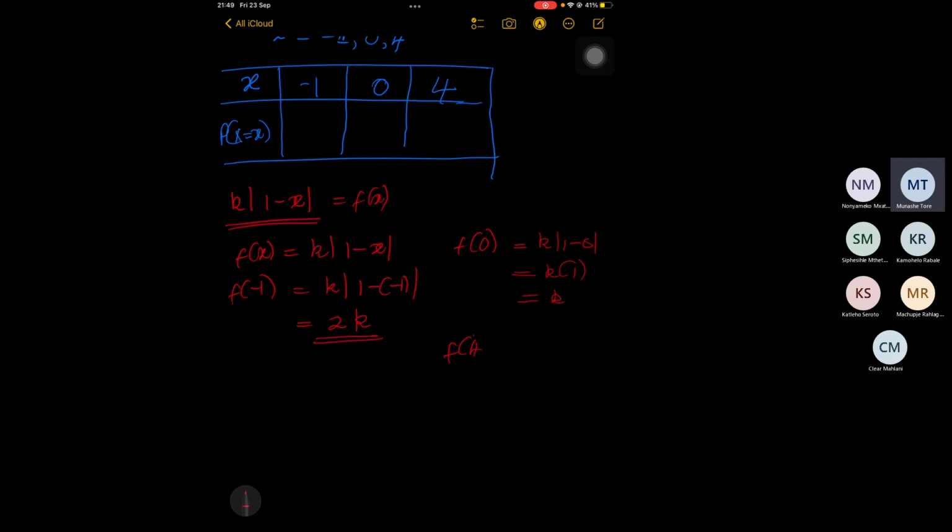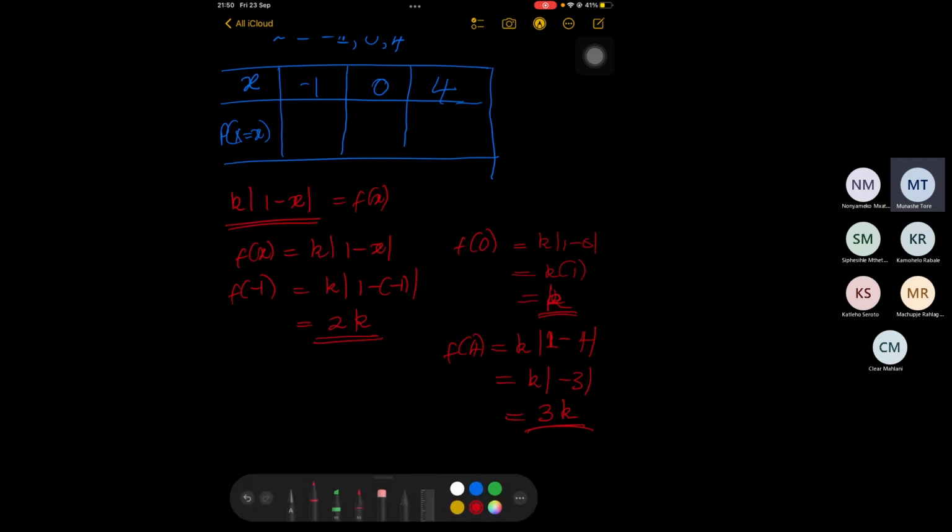Then what is function of 4? Function of 4 is going to be k into 1 minus, what's our x? It's 4. So it's going to be k into the modulus of negative 3, and the modulus of negative 3 is just 3, so 3k. So now we know the respective probabilities associated with those x values.